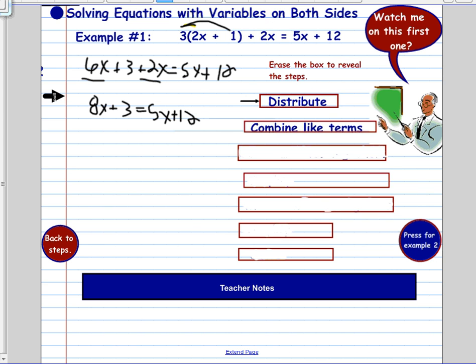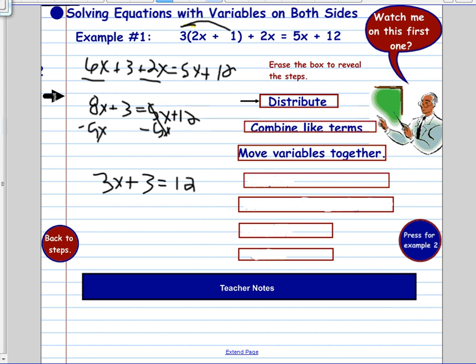So our next step, as you may have guessed, is to move the variables together. In this case, I'm going to subtract 5x, and I'm going to get 3x plus 3 equals 5x minus 5x goes away, so it equals 12.